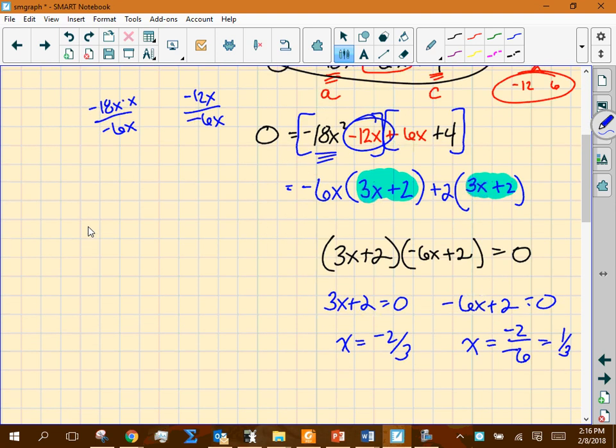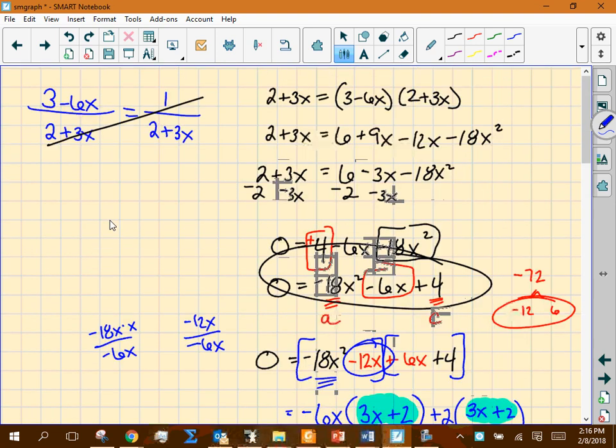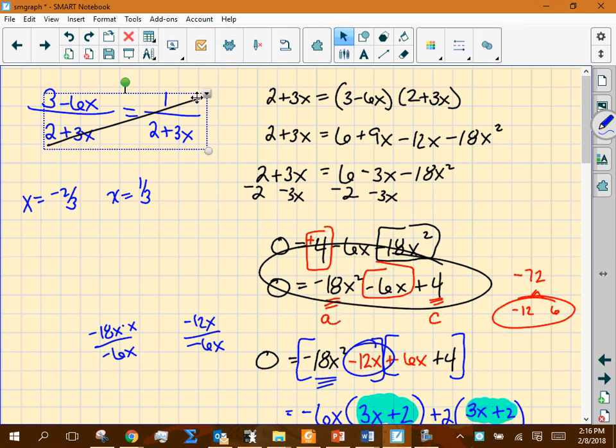So I have these two answers, negative 2/3 and, what did I say, 1/3? Yeah. Okay. Now, you've got to be cautious, because we may end up with some values here that maybe don't work. Let's plug 1/3 in.